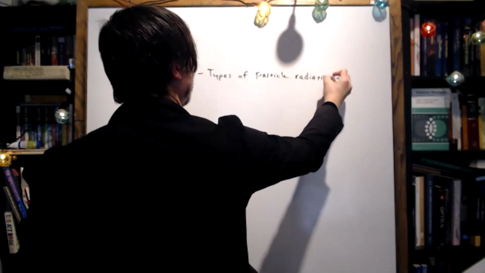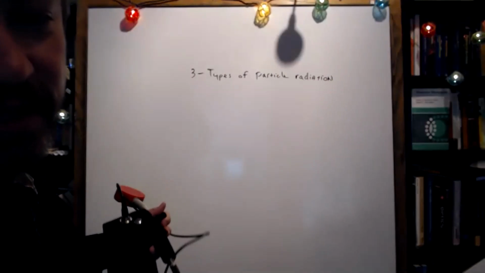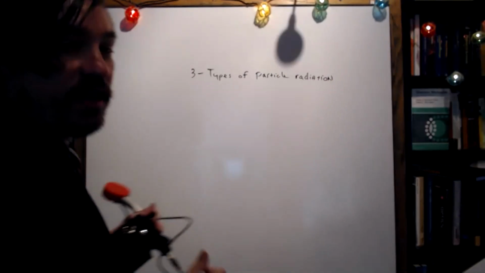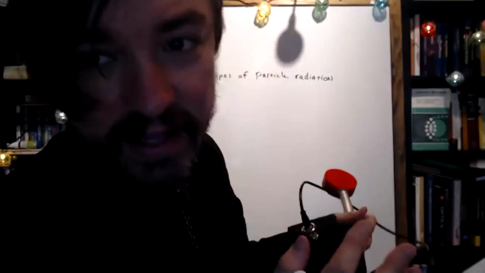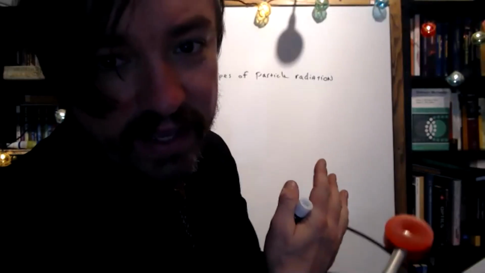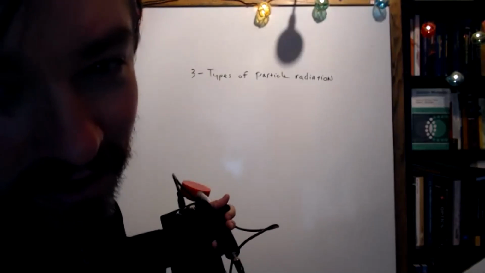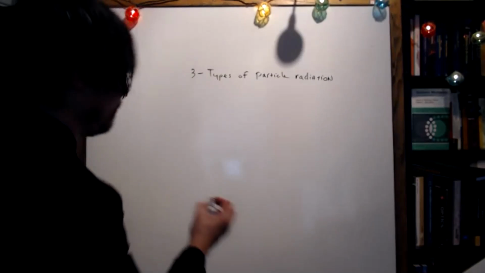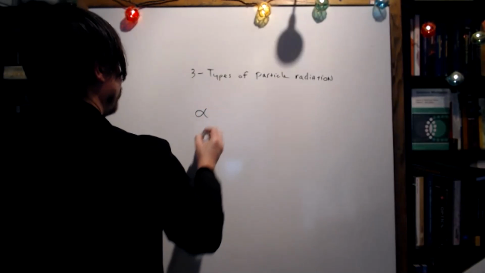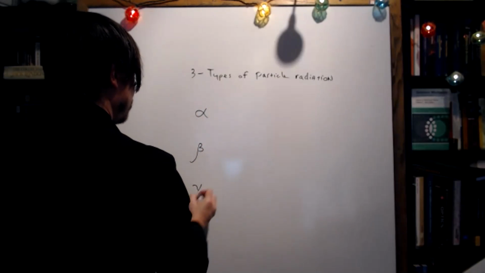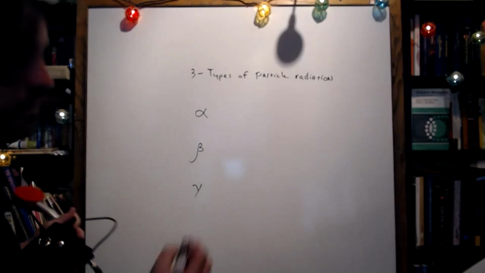This is something you should kind of know about as a scientifically educated person. She thought they were new types of electromagnetic waves. She thought she was discovering another type of radio waves or something. Little did she know she was measuring particles coming off of substances. She discovered alpha rays, beta rays, and gamma rays.